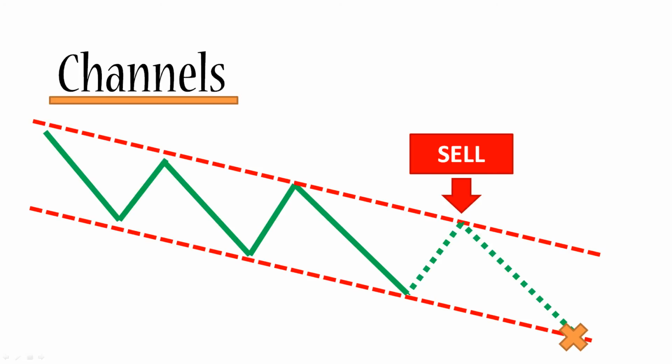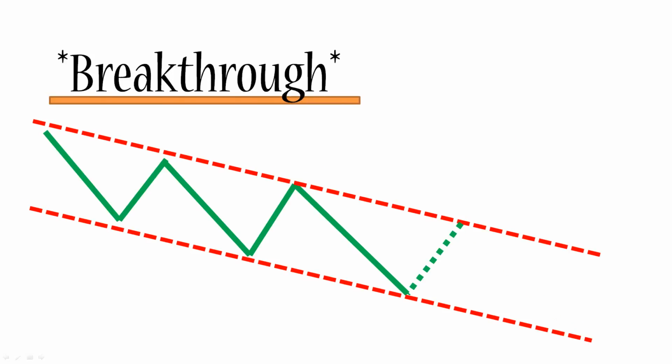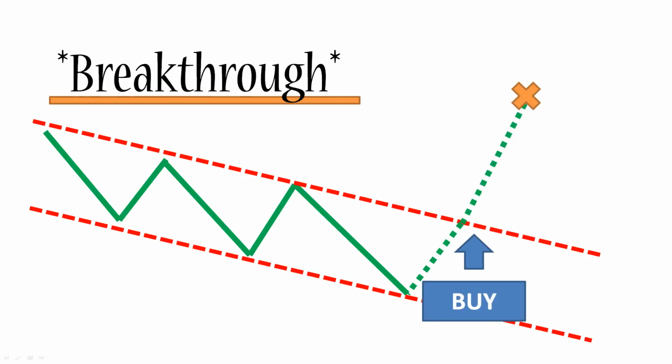But sooner or later, of course, the price will break the channel. And that's why there's an alternative strategy where, in this case, instead of opening a sell order, you would open a buy order. And you would expect the price to go somewhere out of the channel. You would use this strategy when your other analysis is telling you that this channel is getting too old and the price is going to break through it.